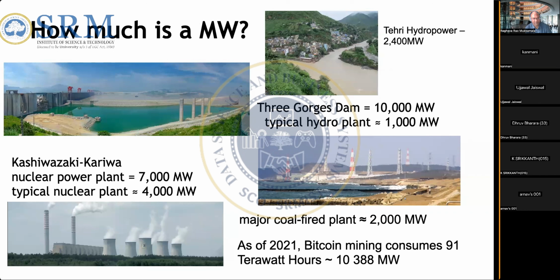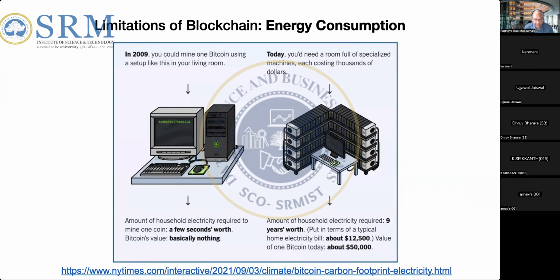A nuclear power plant normally generates 7,000 megawatts, and a coal plant around 2,000 megawatts. And in 2021, Bitcoin mining consumes about 10,000 megawatts, equivalent to the energy generated by the Three Gorges.